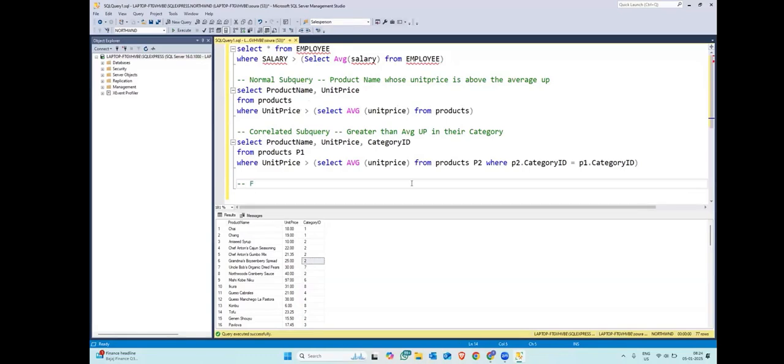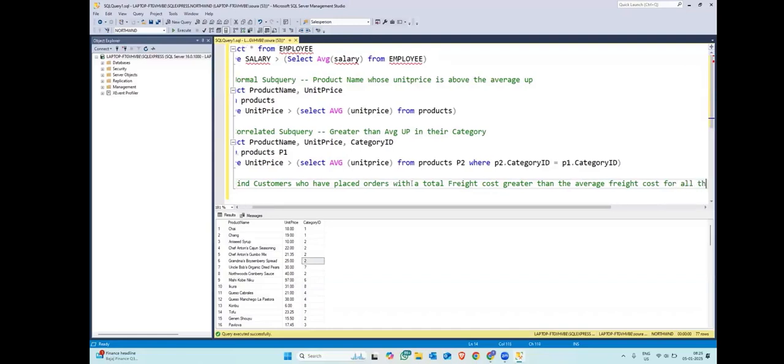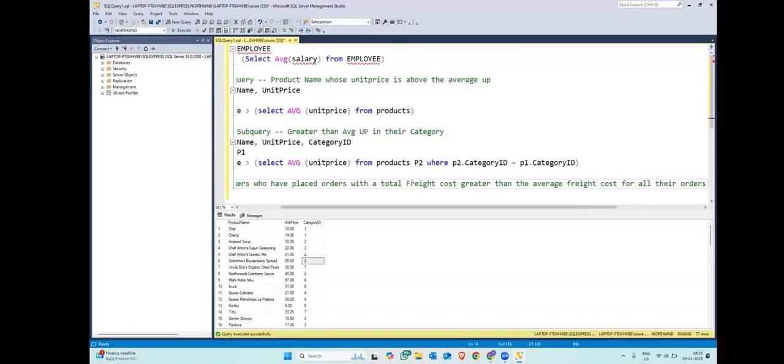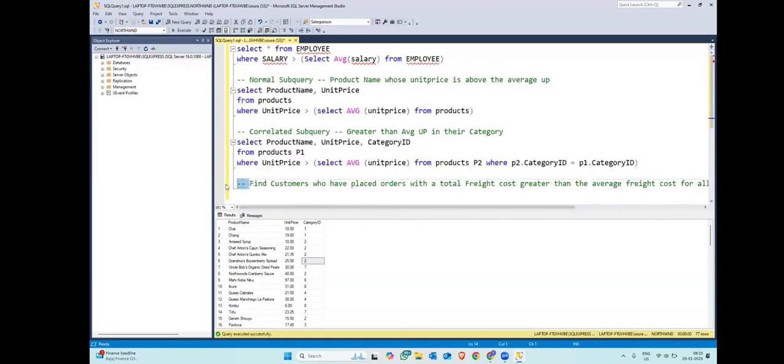So the question is, you have to find customers who have placed orders with a total freight cost greater than the average freight cost for all their orders. Let me write it using a multi-line comment.